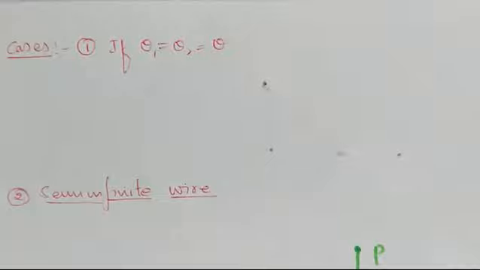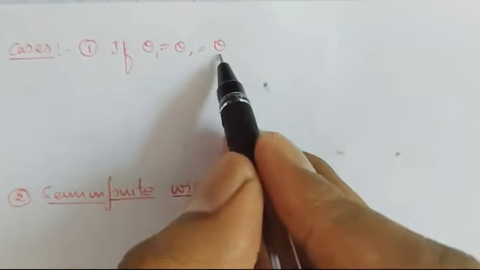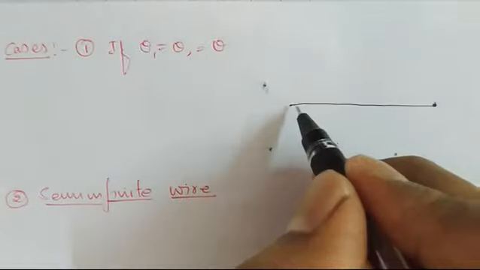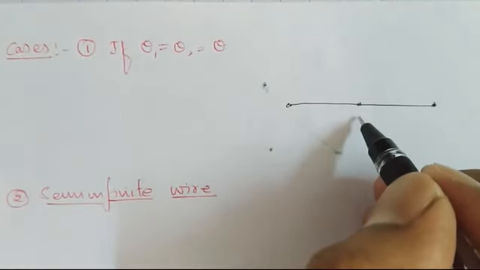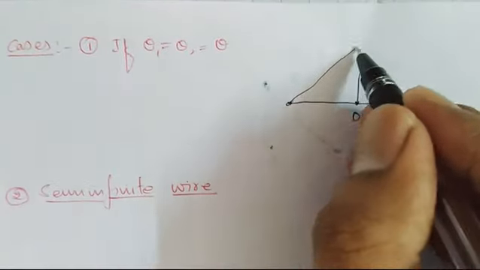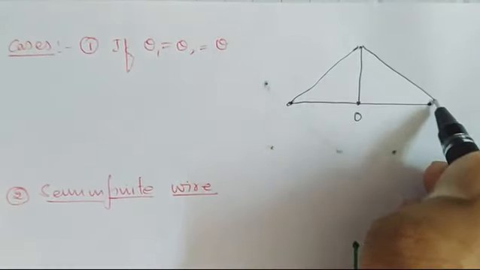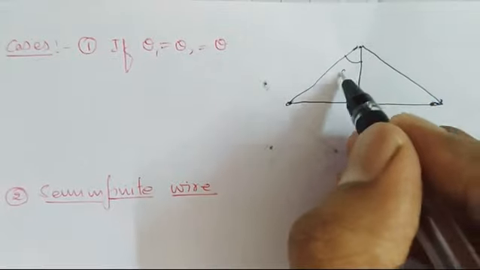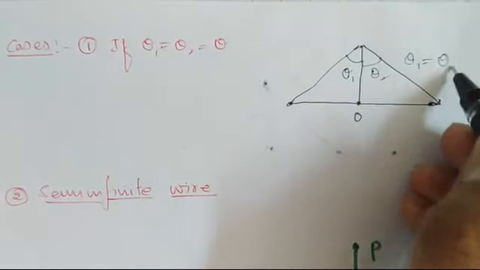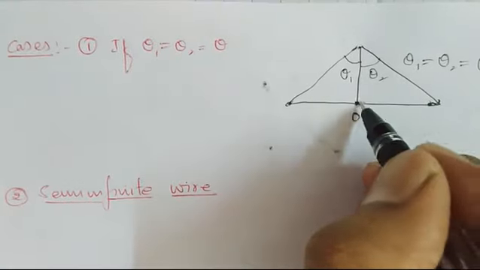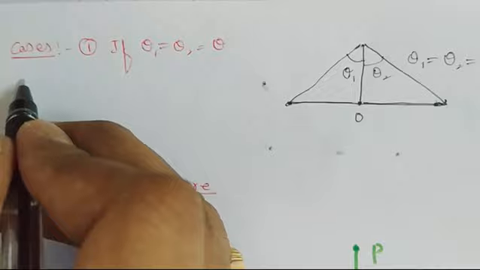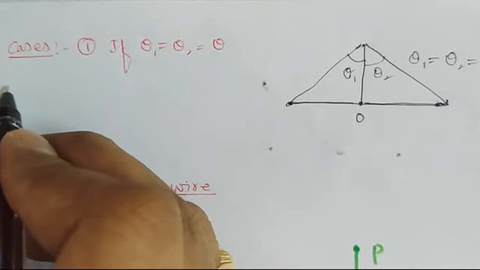The first one: if theta 1 and theta 2 are equal, that means the perpendicular distance will be exactly at the center of the line charge distribution. If exactly at the center, then this angle and this angle, theta 1 and theta 2, will be the same, because equal lengths will cover equal angles.